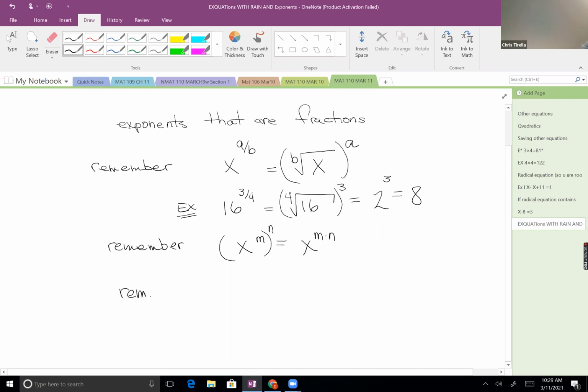Third thing I want you to remember is when I take something and multiply it by its reciprocal, I get 1. So all of that at the tip of your tongues, at the top of your head, things we're going to make use of right now.